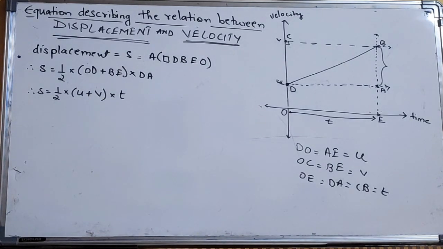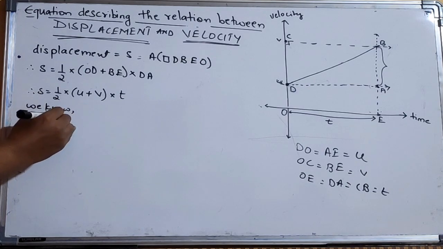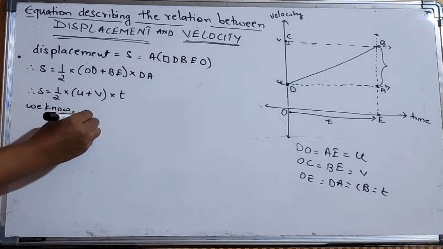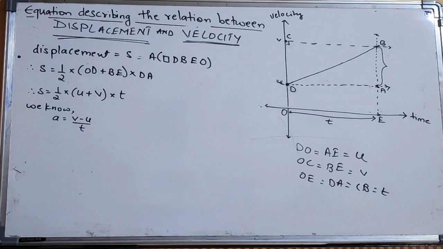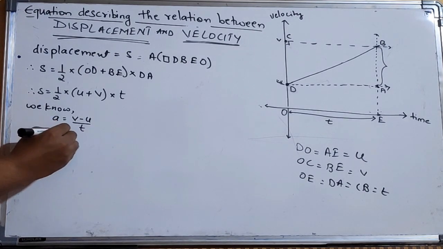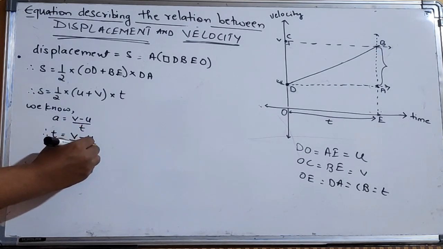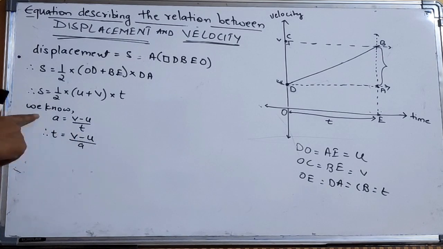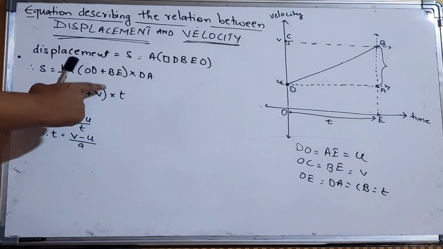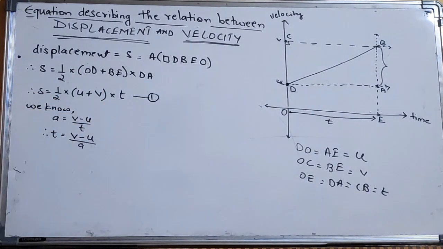Now students, since the relationship is between displacement and velocity, we are supposed to eliminate time. So we know acceleration is equal to V minus U upon T. Okay, therefore I can write T is equal to V minus U upon A. I've just cross multiplied over here. Now I'm going to substitute this value in this equation. So I'll make this equation 1.